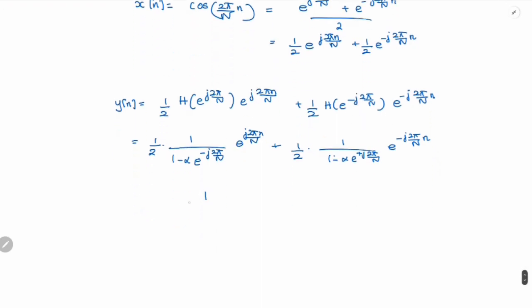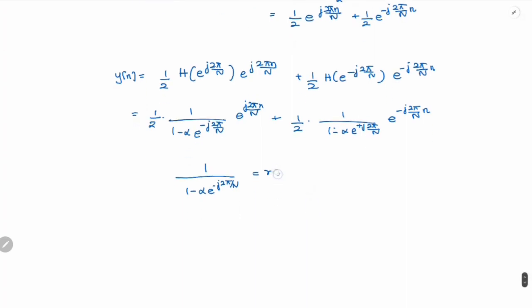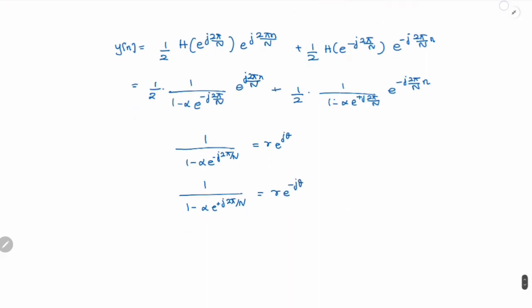So if I write 1 by 1 minus alpha e power minus j 2 pi over N as some r e power j theta, then 1 by 1 minus alpha e power plus j 2 pi over N will be nothing but r into e power minus j theta, correct?